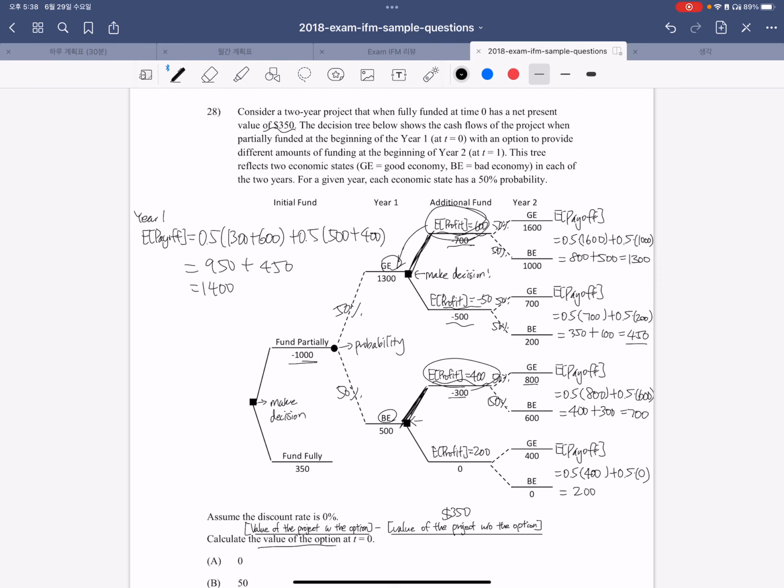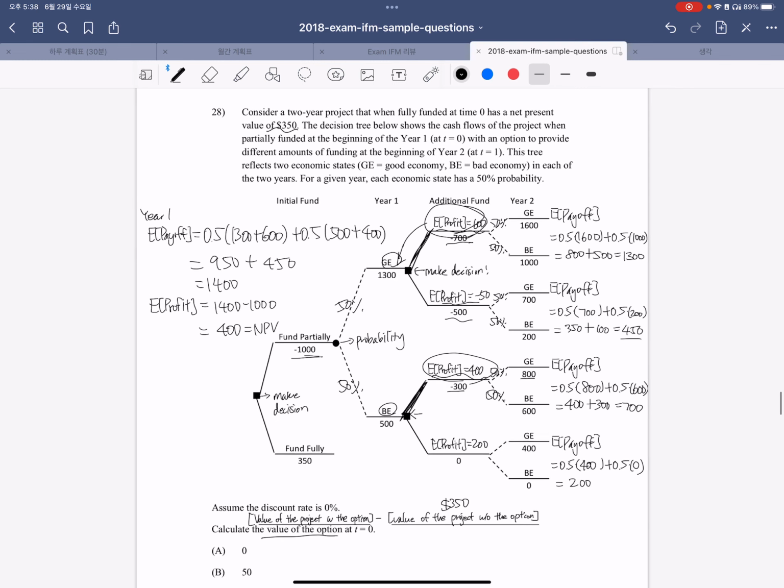And we funded partially with $1,000, so we need to calculate the expected profit. We have to subtract 1,000, so it'd be 400. And this is equal to the net present value of the project with the option.